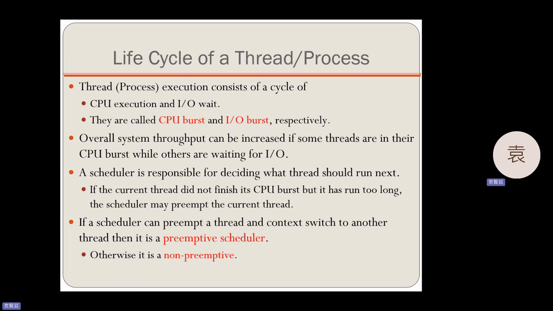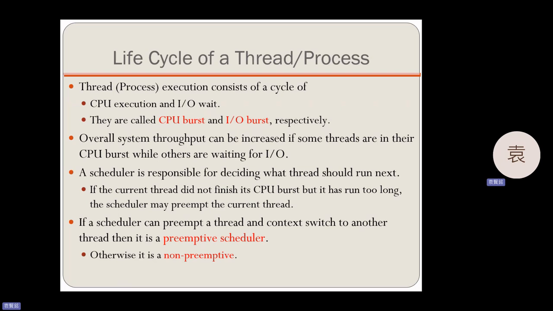That means in this particular time period, the process uses CPU to execute its instruction, and I/O burst. That means in this particular time period, this particular process or thread is using the I/O devices. Here the I/O device may be disk, keyboard, or other input/output devices.